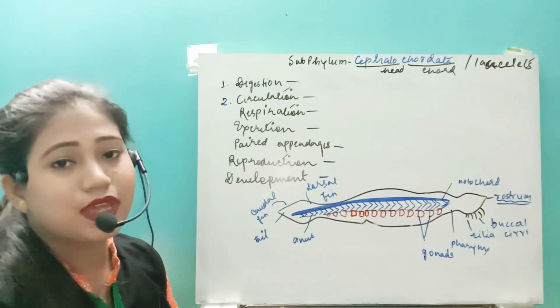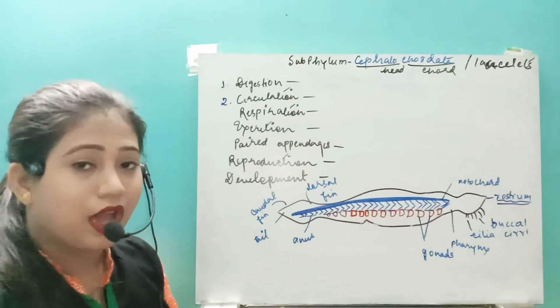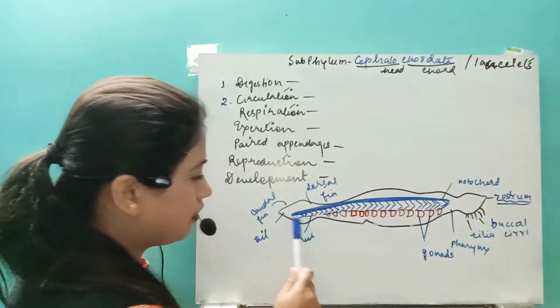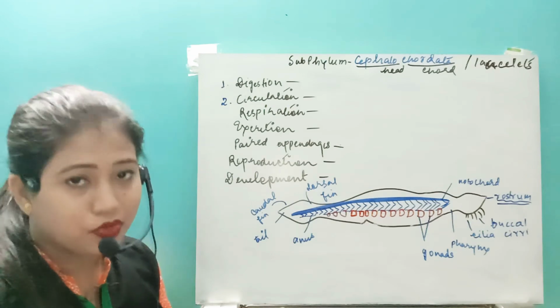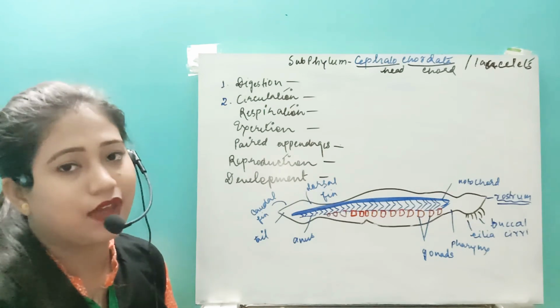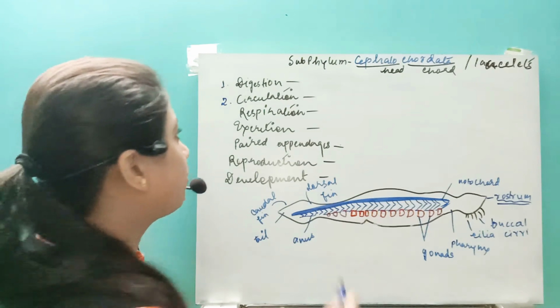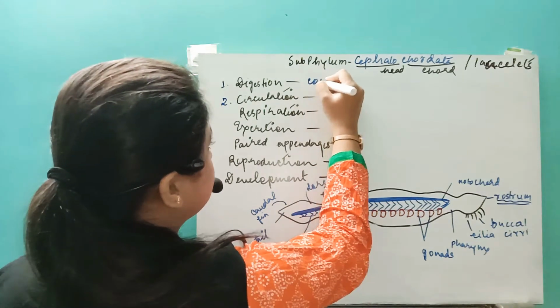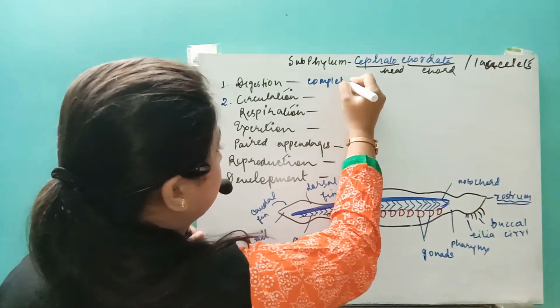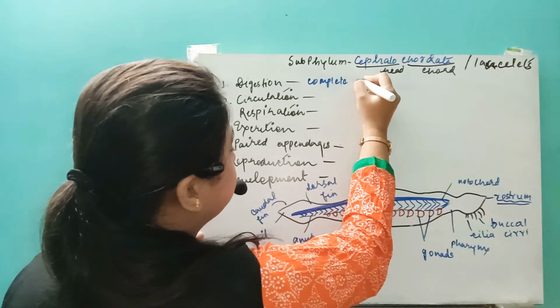So this organism is also a ciliary feeder. Otherwise, they will have the mouth and the anus at the two opposite ends, and to join that, they will have the alimentary canal. So if it comes to digestion, this is going to be a complete digestive tract. Okay, digestive tract is complete.